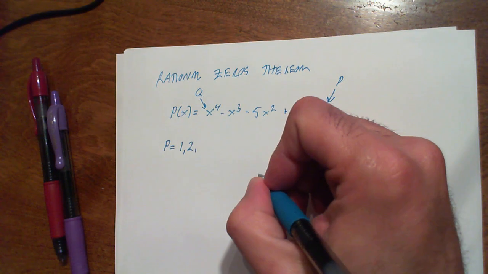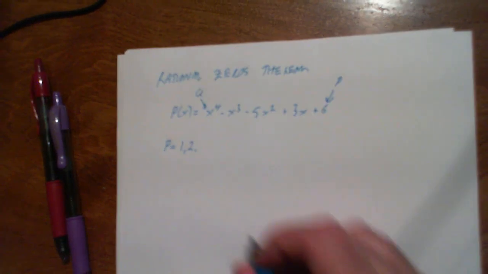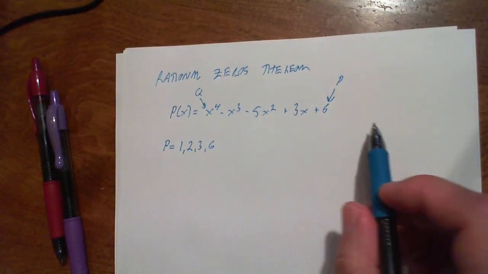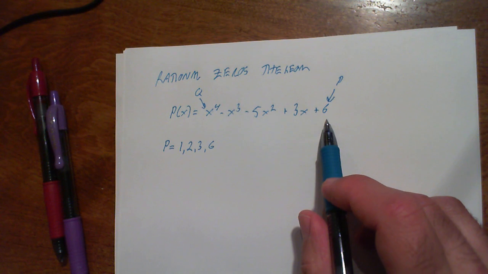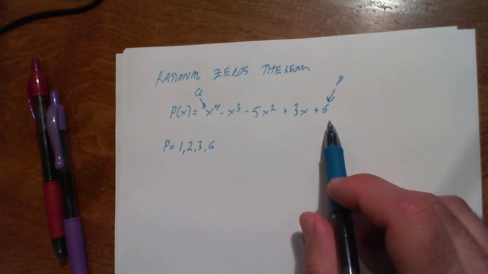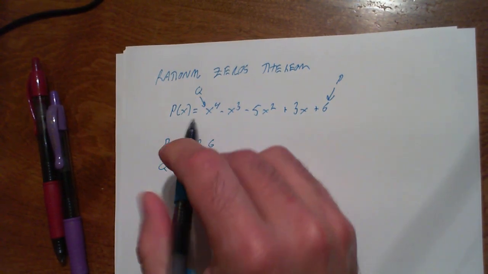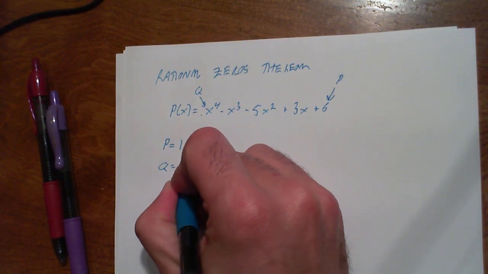Our p is 6, so what are the factors of 6? 1 times 6, 2 times 3, 3 times 2, and 6 times 1. So our factors of p are 1, 2, 3, and 6. Our q is just 1, so the factors of q are just 1.